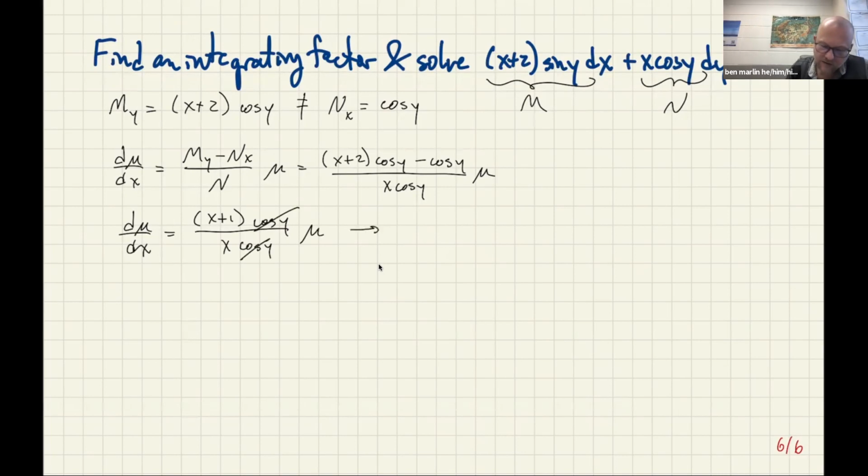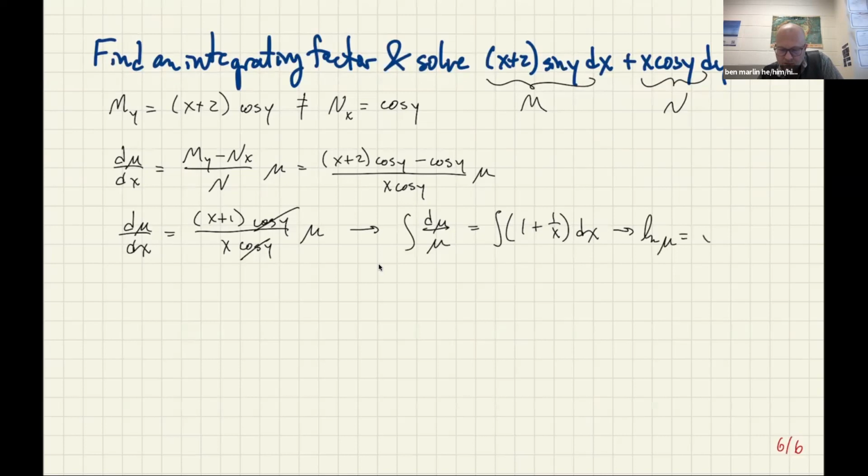So then you'll say d mu over mu is equal to, I'm going to simplify this as 1 plus 1 over x, and then dx, and then we'll integrate. And that says that the log of mu is going to be equal to x plus log x plus c.